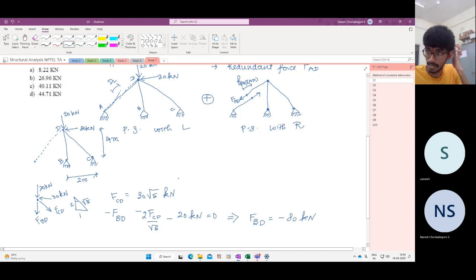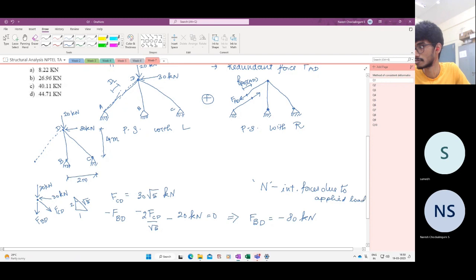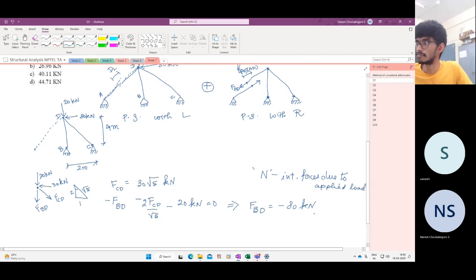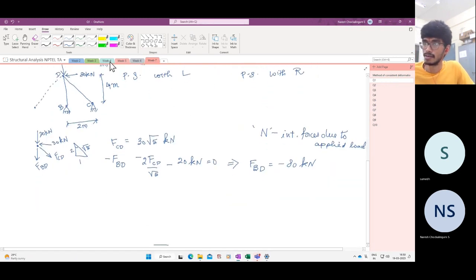So let me use the notation capital N for the internal forces due to applied load, and let me use small n for the internal forces due to virtual load.